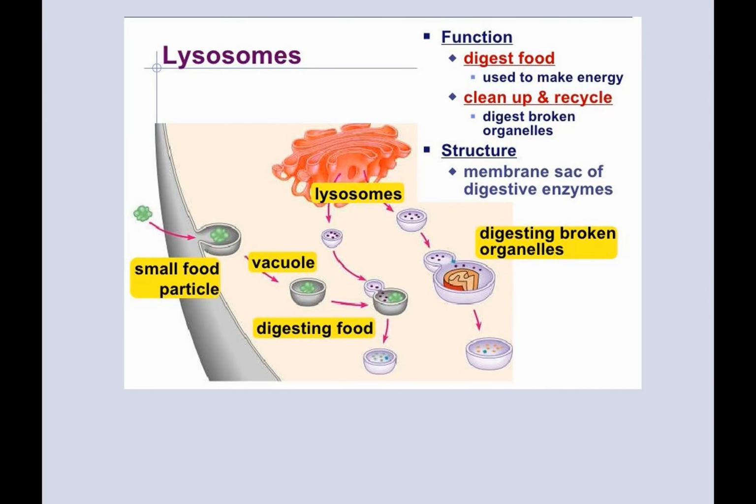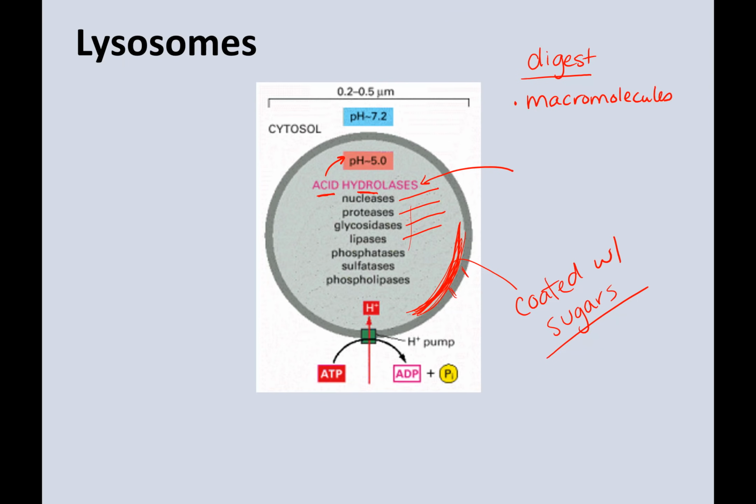Not only do they degrade macromolecules, they degrade old organelles. So sometimes you get a damaged organelle or one that's not functioning as well. So it will be taken into an autophagosome and then bound to a lysosome and digested and recycled.